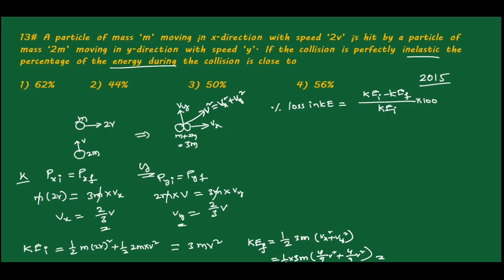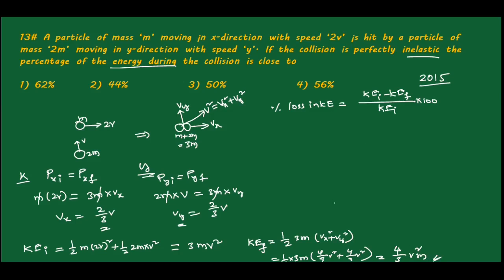There are two terms of 4 by 9 v^2, so the 2 cancels, and finally you will get 4 by 3 m v^2. So this is the final.